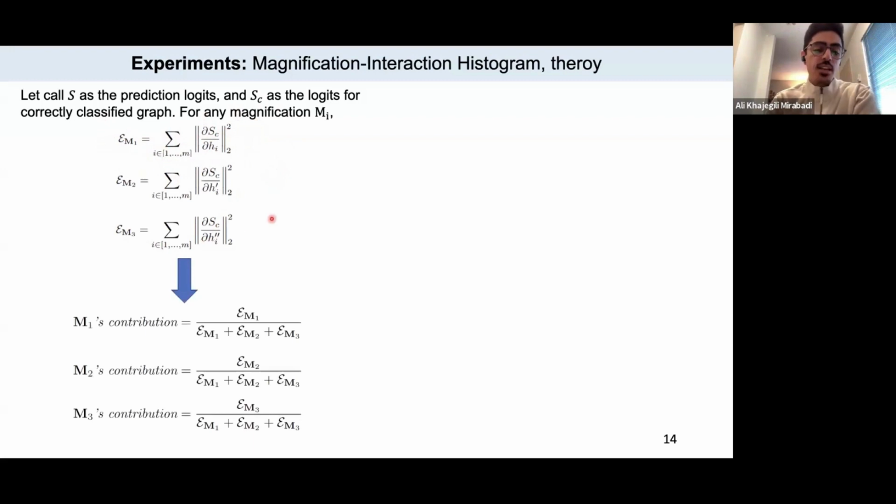And with that, we can define the contribution of each magnification. The contribution of each magnification is the energy of the magnification over the total energy. This basically shows how much gradient the model spent on one single magnification. For M1, the contribution is the energy of M1 over the total energy, so the fraction that M1 has been chosen for decision making.